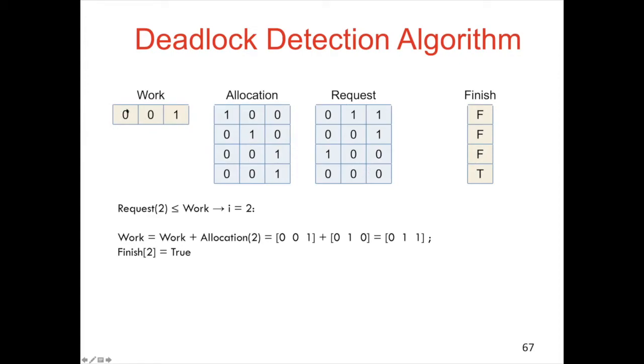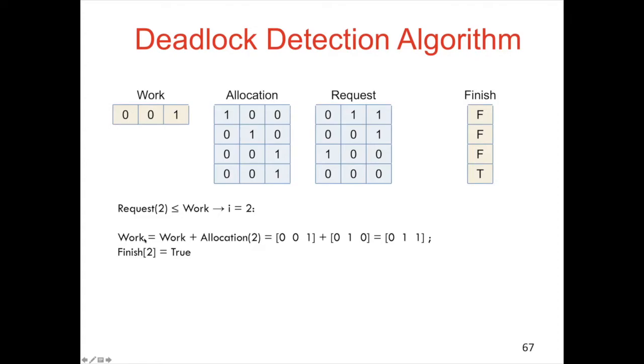Then we are trying to find a row for which the value is less than or equal to work. Check this process P1, it is not satisfying the condition. However, process 2 has request 0, 0, 1 and it is less than or equal to work. So we are setting I as 2.